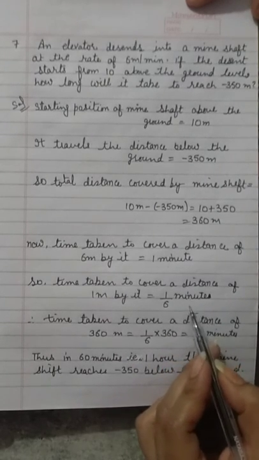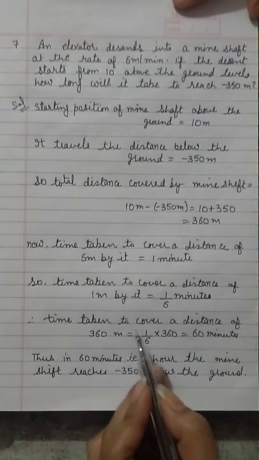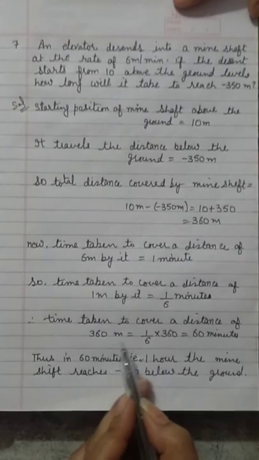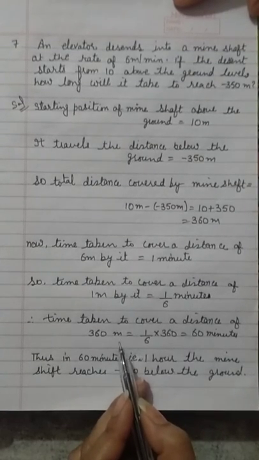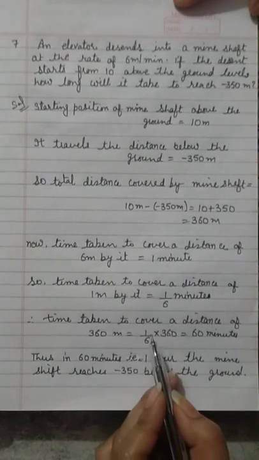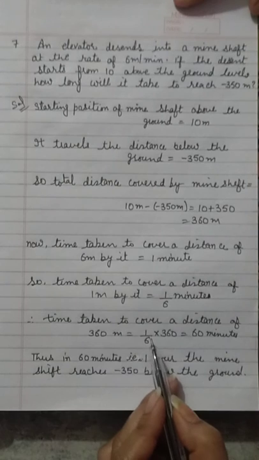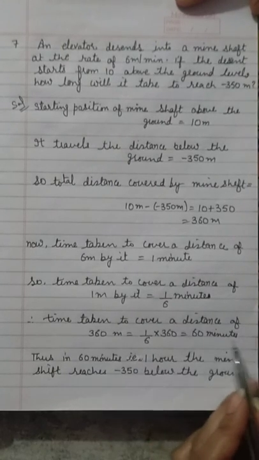Therefore the time taken to cover a distance of 360 meter: we multiply 360 by 1 by 6. It means it will take 60 minutes.